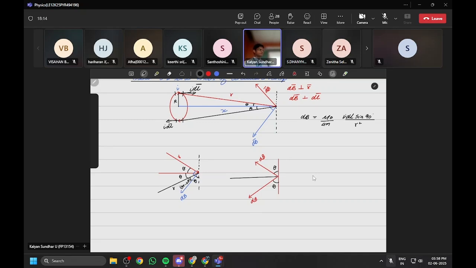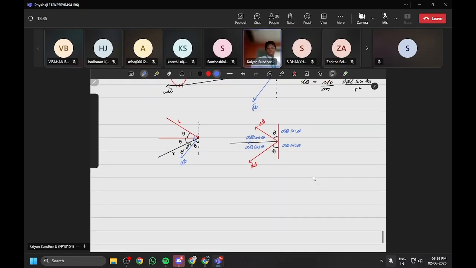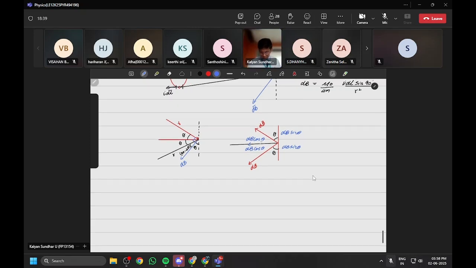Now if you just resolve this component, which component will get cancelled out? dB cos theta will get cancelled out, and on both sides due to this it will be dB cos theta, and here also it will be dB cos theta. It will be dB sin theta on top, and here it will be dB sin theta. Oh, sorry. Not the sin.